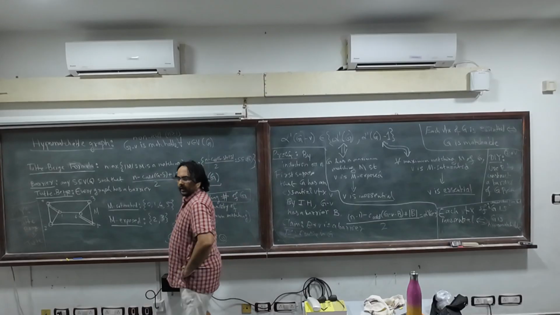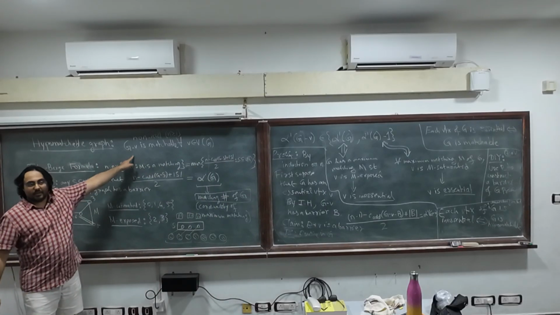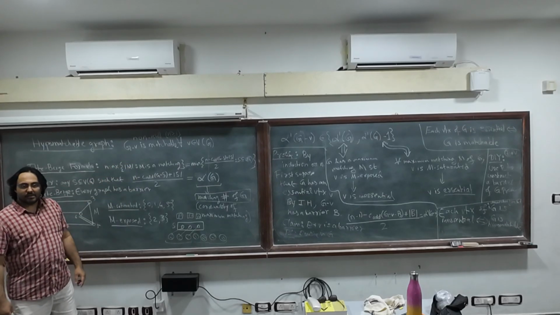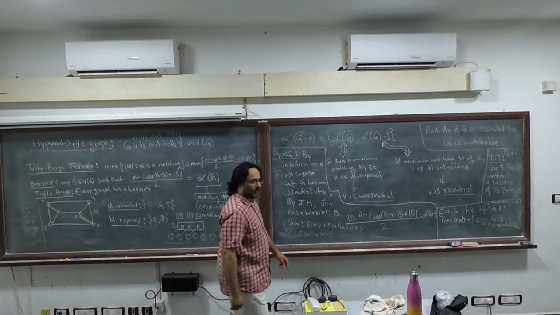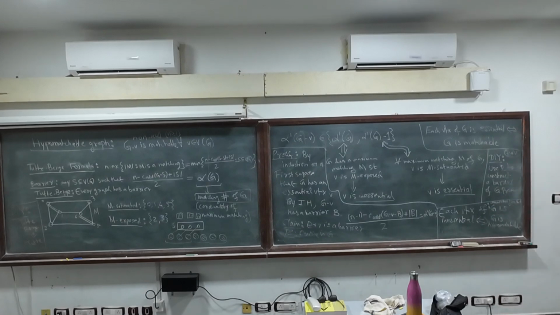Quick question. Can a hypomatchable graph be disconnected? Make a drawing, make an example, just to get some familiarity with it.